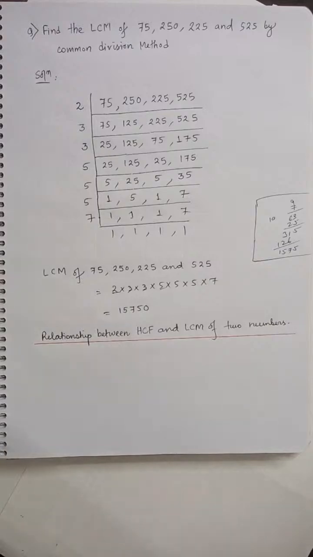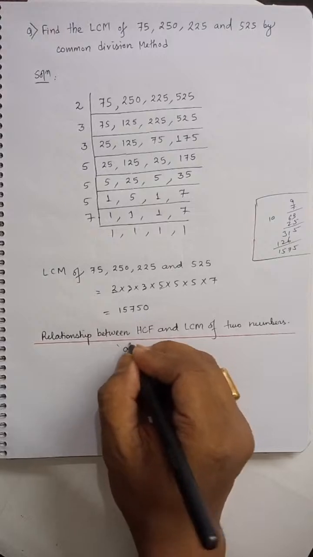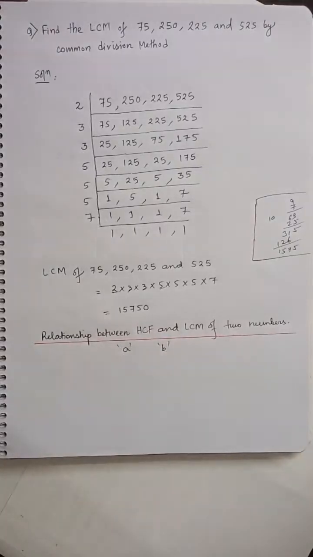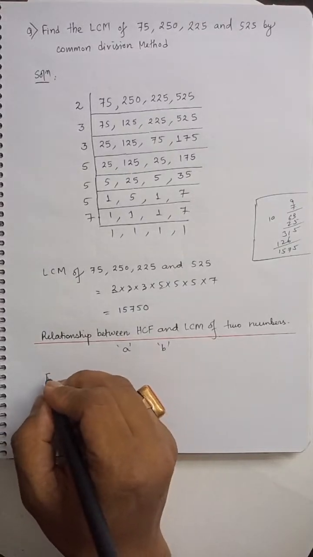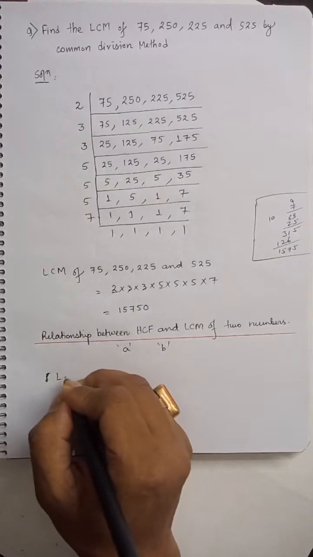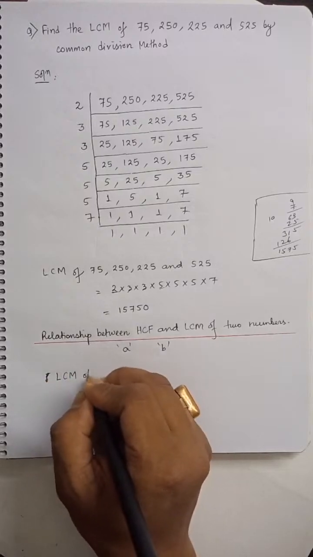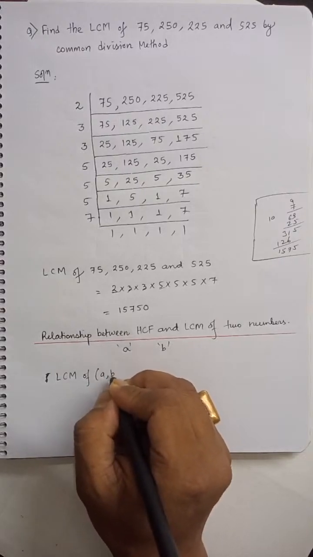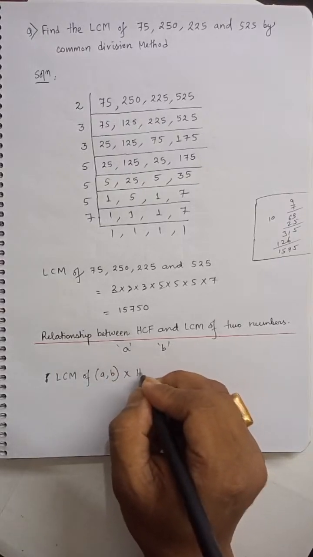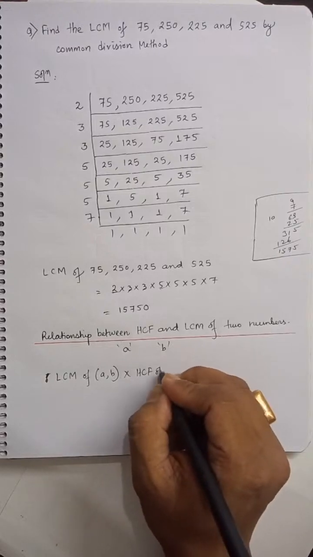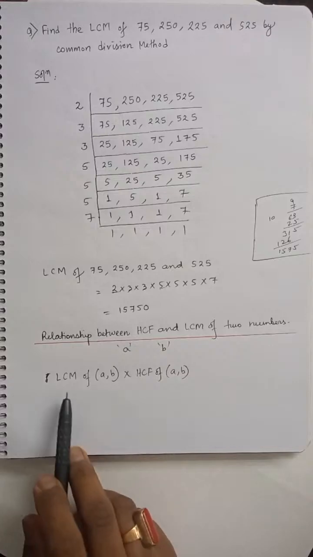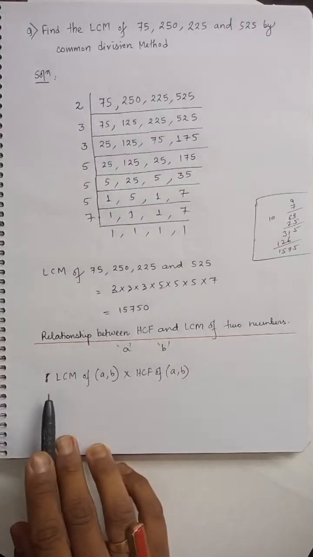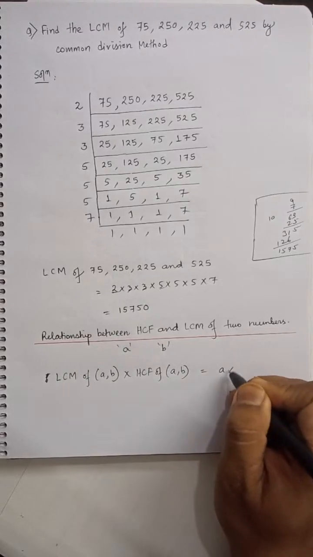Suppose we have two numbers, A and B. Okay, so what does the relationship say? The relationship says that the LCM of A, B and the HCF of A, B when multiplied, that means the product of the HCF and LCM is equal to the product of two numbers.